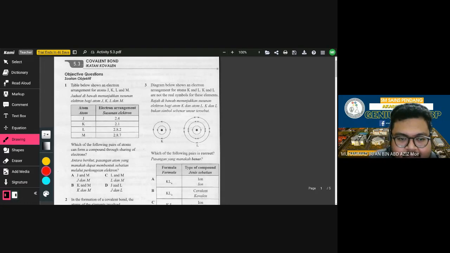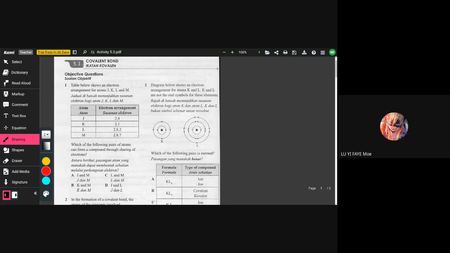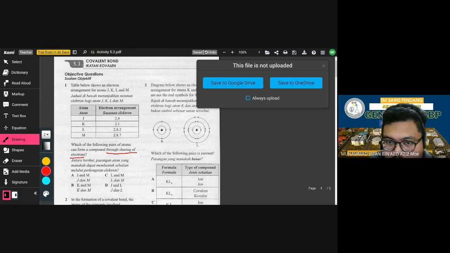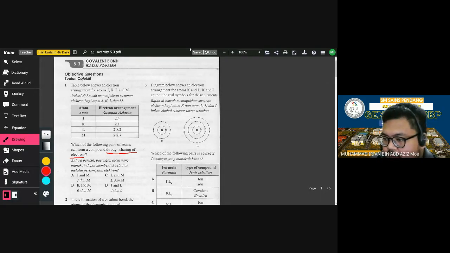Read the questions. The first question they ask for, mana dia? Sharing of electrons. So, sharing of electrons. What kind of bond it is for sharing? Covalent. Okay, so covalent must be between apa?